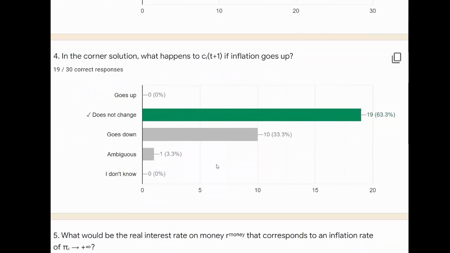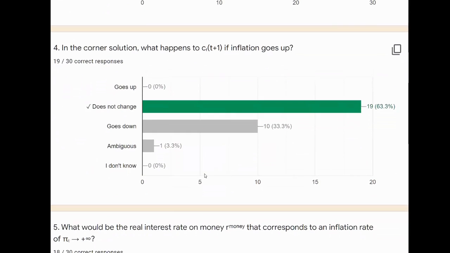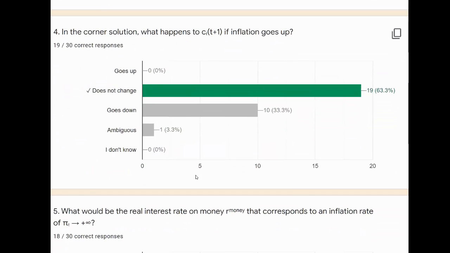What would be the real interest rate on money that corresponds to an inflation rate of infinity? So, any opinion? It's -1. Yes, good.